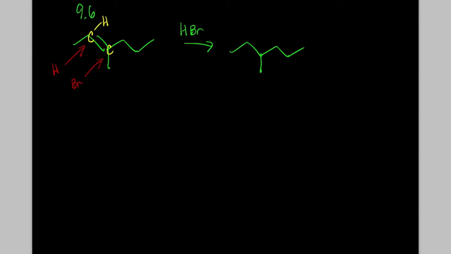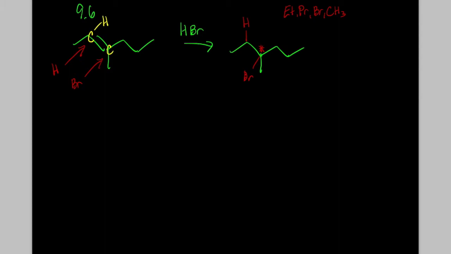So draw all the carbon framework without the pi bond, then add bromine and hydrogen. Then carefully consider if there's a stereogenic center. This one here is a stereogenic center because it contains 4 groups. It contains ethyl, propyl, bromine, and a methyl group. Okay, that line is just a methyl group.